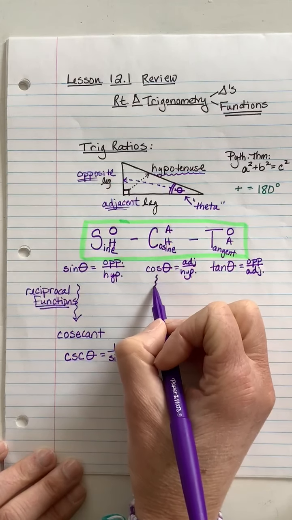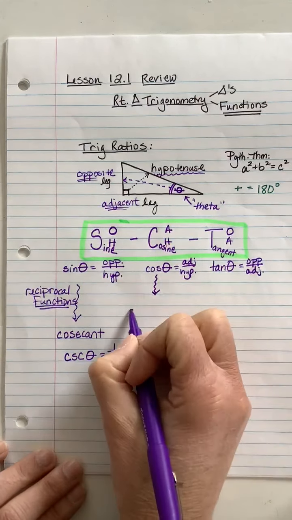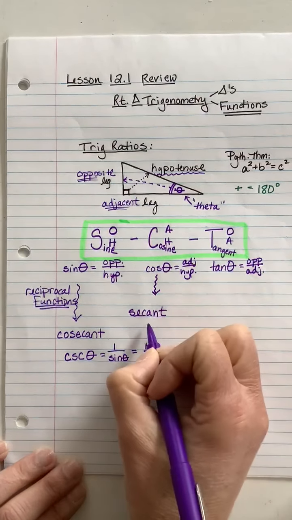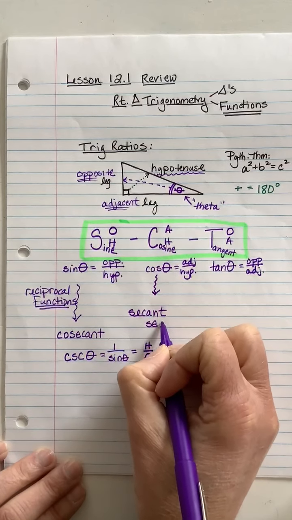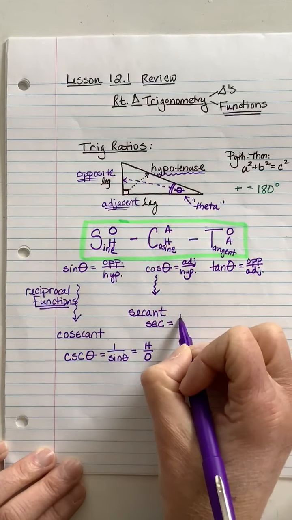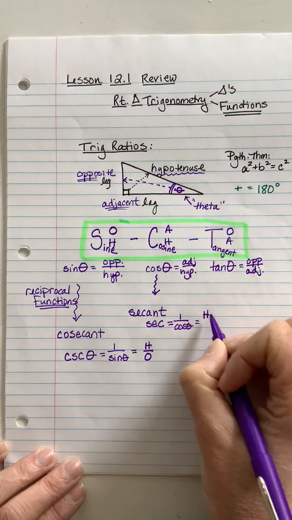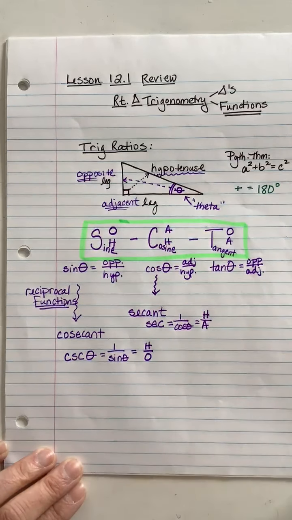Okay, the reciprocal function for cosine is going to be secant of any angle, and its abbreviation is SEC, which is going to be 1 over cosine, or hypotenuse over adjacent.